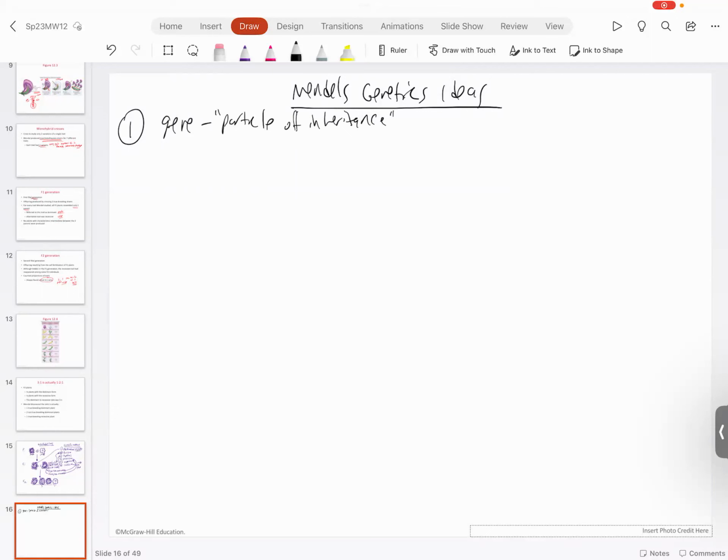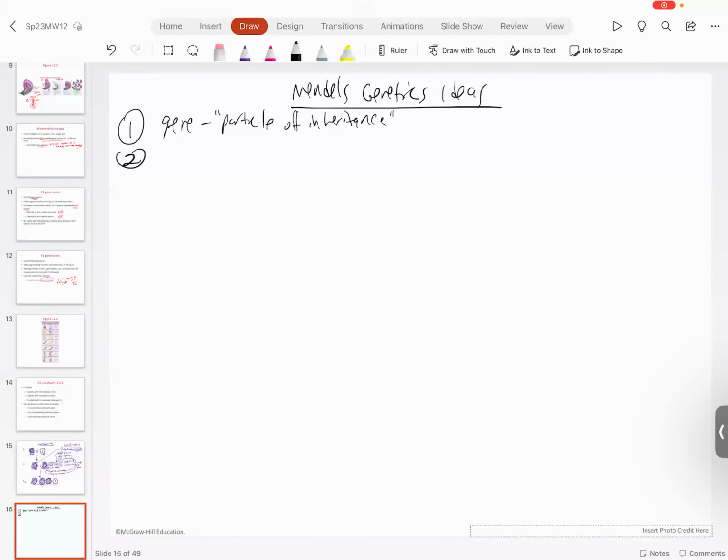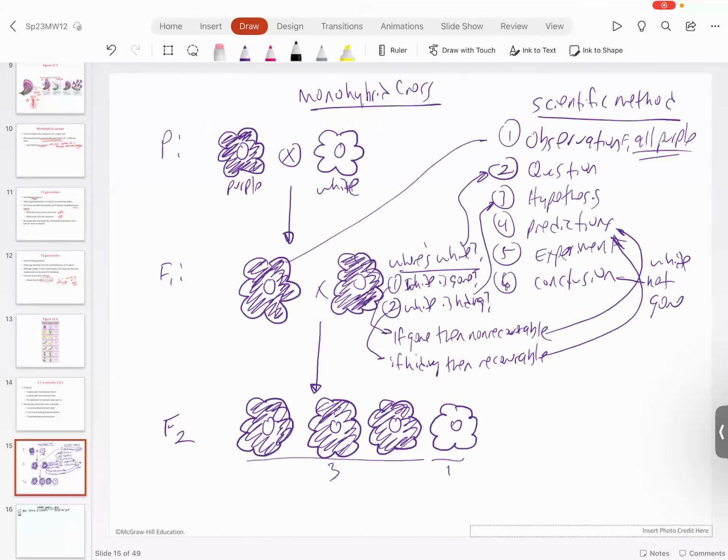But guess what? Mendel also noticed a couple of other things about this, right? Because he was very observant. He also noticed that in this particular case, my gene, which in this case governs flower color, that's what we're working with, has two different versions to it, right? You have a purple flower color version and you have a white flower color version. So before we even get started, we've already kind of laid some of the groundwork, right? Is purple flower color governed by the flower color gene?